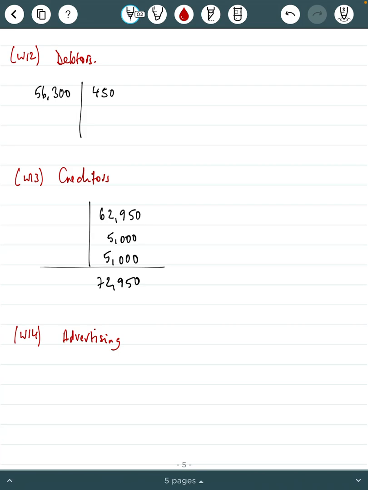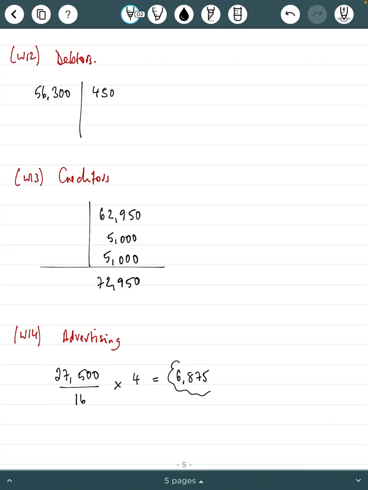So let's go back up to the trial balance and we'll locate the figure for advertising, which is 27,500. It's for a 16-month campaign, okay? And I'm going to multiply that by 4 months, which is for this year. So 27,500 divided by 16, multiplied by 4, will give us 6,875.